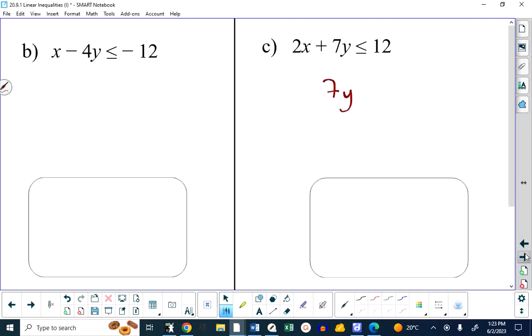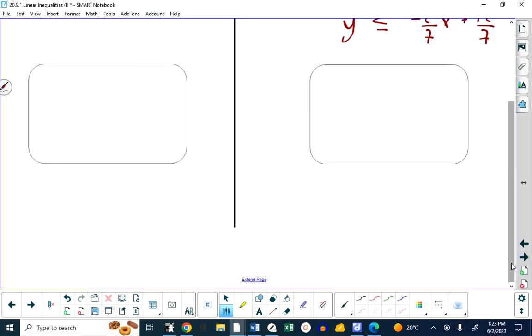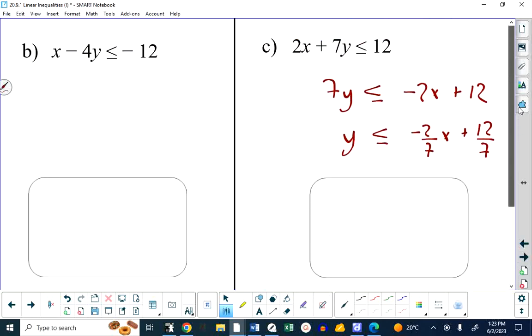The 7y stays the same in the same place. And this should be telling you that when you divide both sides by y, you're going to be shading below. Right? Otherwise, you have to pick a test point. Negative 2x plus 12. Divide everything by 7. Negative 2/7 x plus 12 over 7. Luckily, we don't have to do this on paper. You know, the y-intercept of 12/7 and then a slope of negative 2/7.